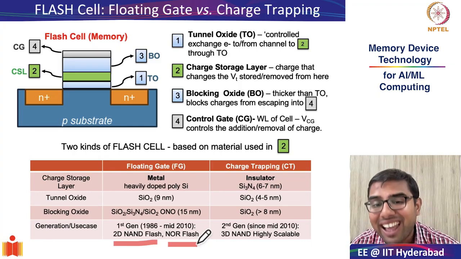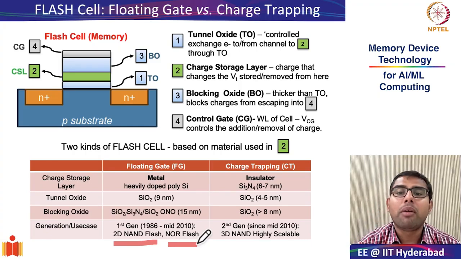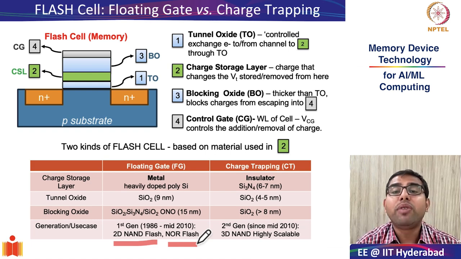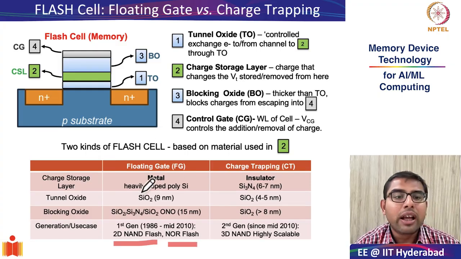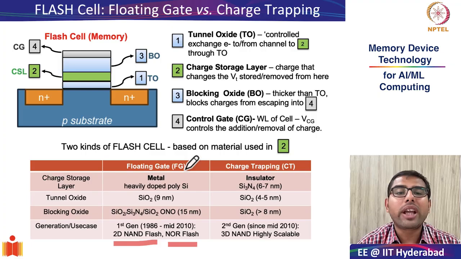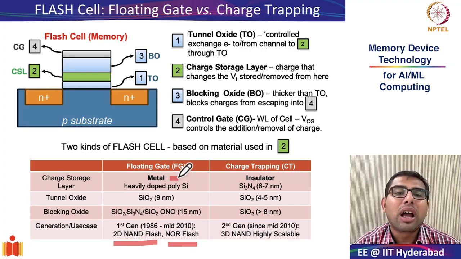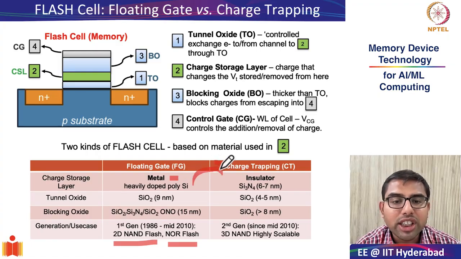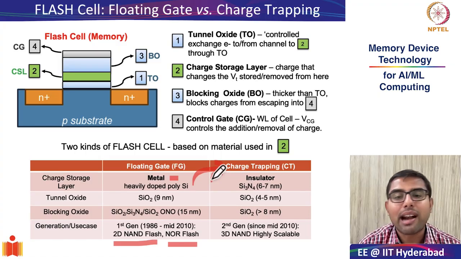And when we study 3D NAND flash, which is a very highly scaled modern day version of your flash cell and which has actually revolutionized how we do storage, we will realize that it becomes very difficult to scale the floating gate transistor because the charge storage layer is a metallic counterpart, and therefore we move for the new generation from the floating gate transistor to charge trapping transistor.